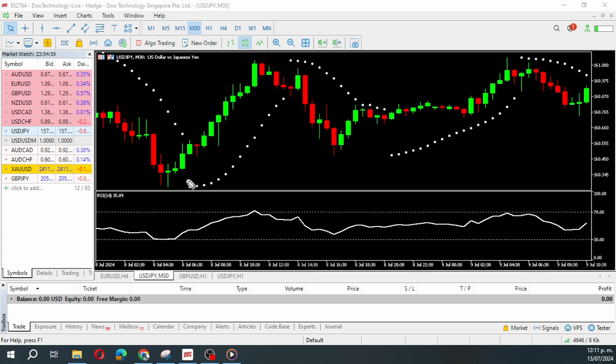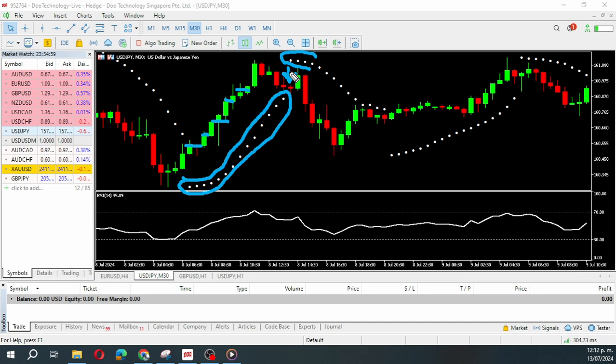That you can see some white points, white balls, whatever you can name it. So when the points appear below the graphic, this is showing us that you could start a buying operation, right? And when it's above the price, you should start a sell operation, right?